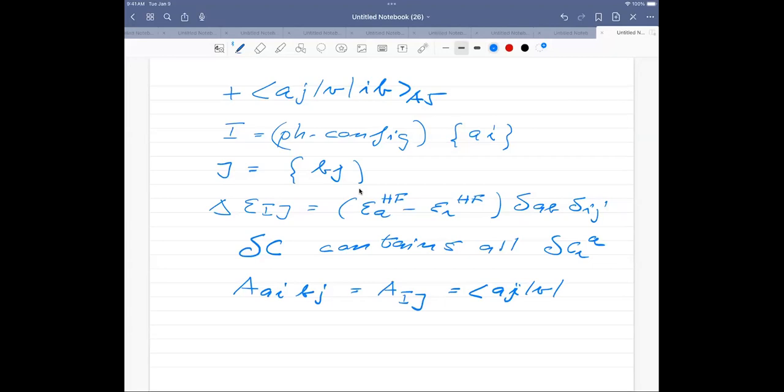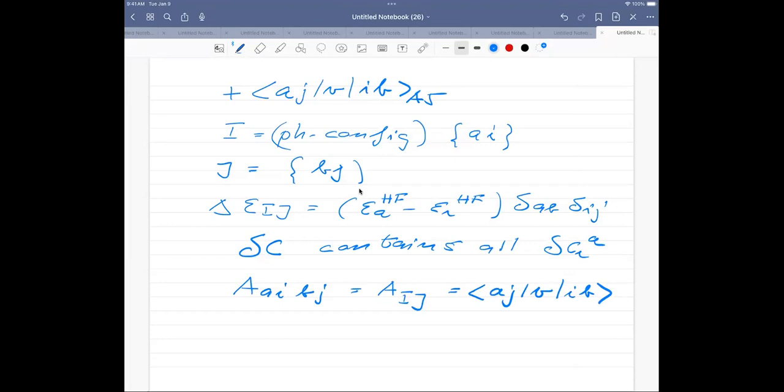So we have a B, J. No, wait, now I think I messed things up here. Okay, so let me just write this correctly. So this is the matrix element of AJ, which we put up, of VIB.